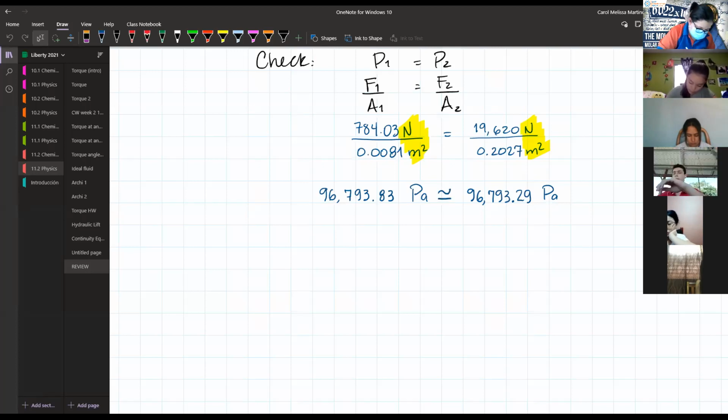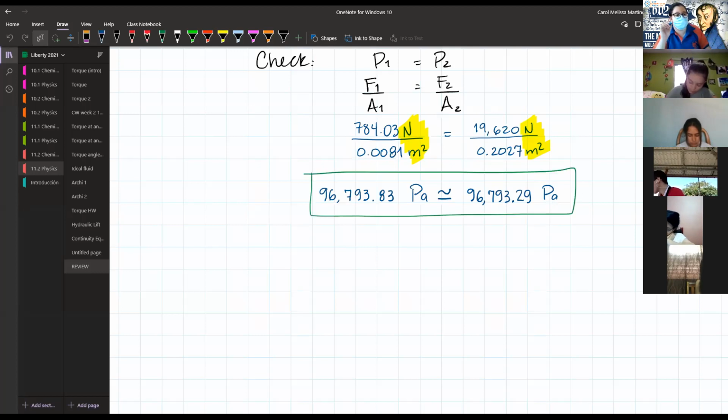So this is going to help us to see if the process that we did was right. Both numbers are very similar, almost the same. Both should be equal. If you get a different answer, it's because of the rounding. Because we are rounding all our answers, the accuracy is being affected.